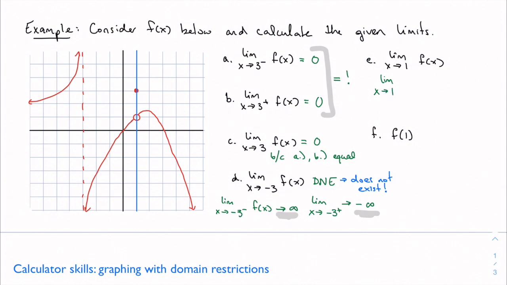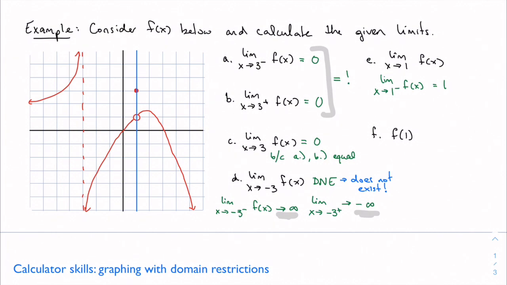So I want to consider 1 from the left. If I start from the left and get closer to 1, I'm approaching a function value of 1. I'm approaching this point on the graph, and at this point my function value is 1. So we're going to say that the limit is 1, because it's getting closer and closer to 1. Just like my bridge problem, of course we get there.